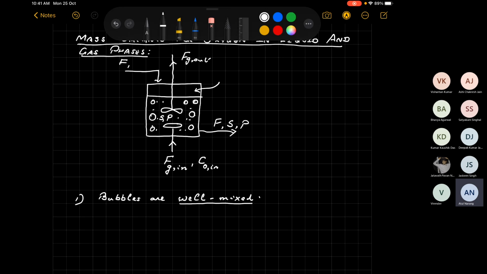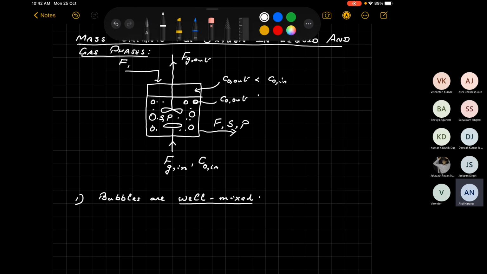You following? The bubbles all have the same composition, which is lower than the concentration CO out. So inside these bubbles, I have the concentration, let's say CO out here. This is the same as the concentration CO out inside the bubbles. This CO out is actually less than CO in, which is the oxygen.